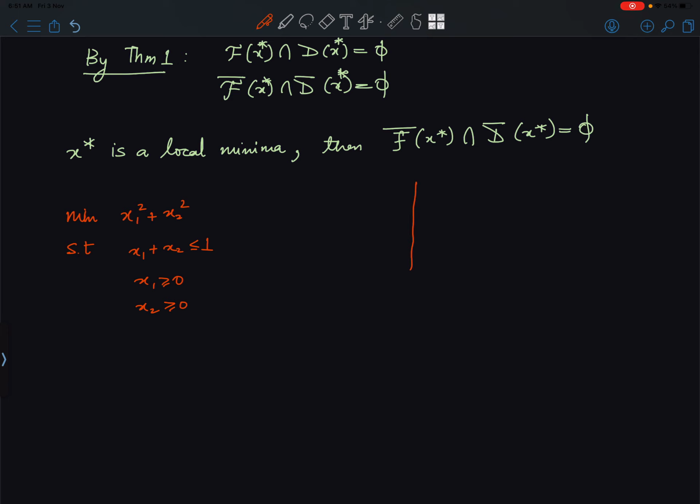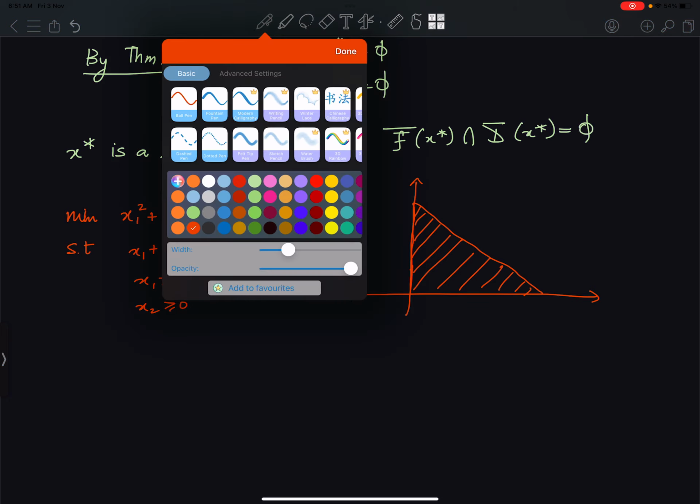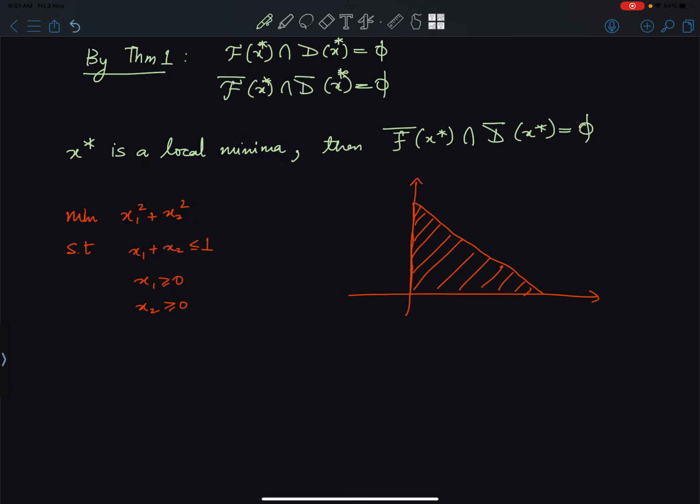So my feasible set will look something like this, right? And if I consider this particular point, say xa, then at this particular point the only constraint that is active is this particular constraint, which is this.